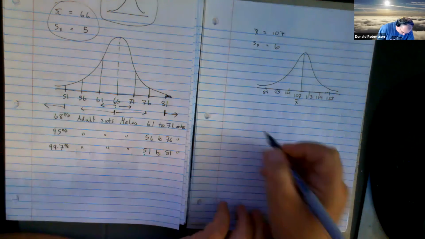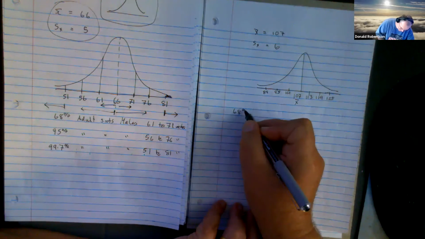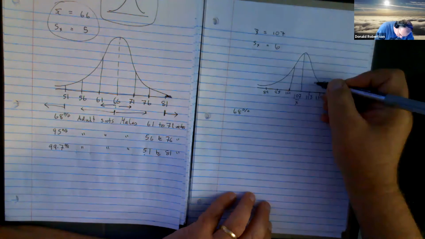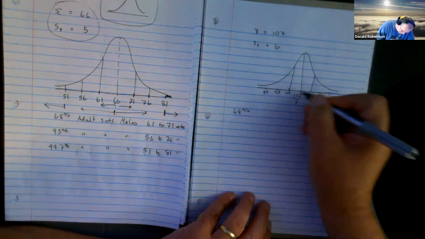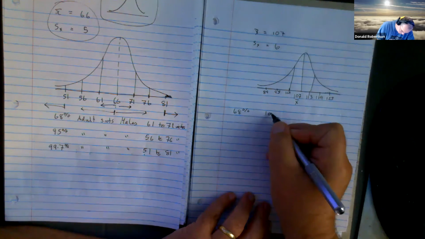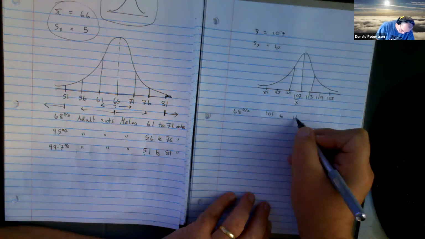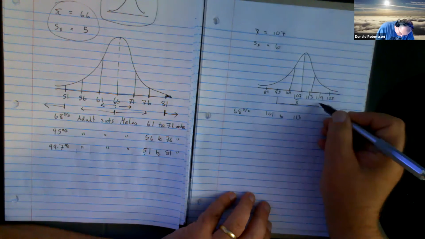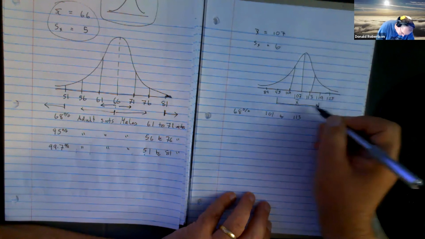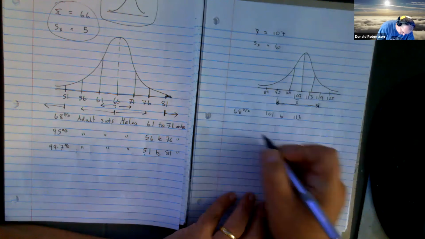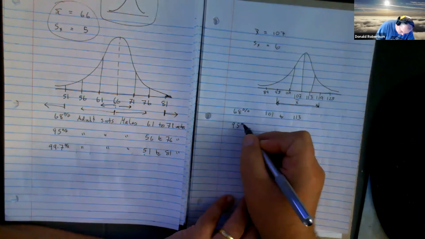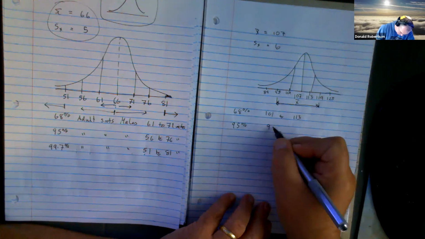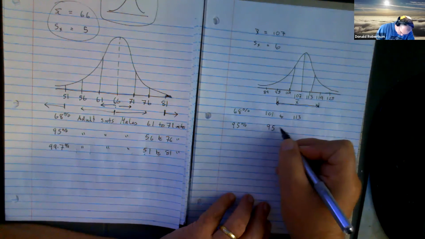Right, so if you want to know what range of heartbeats are 68% of the kids, it's all the kids between here and here. So 101 to 113. If you want to know the 95%, it's between here and here. And for 95% then, it's going to be heartbeats between 95 all the way up to 119.